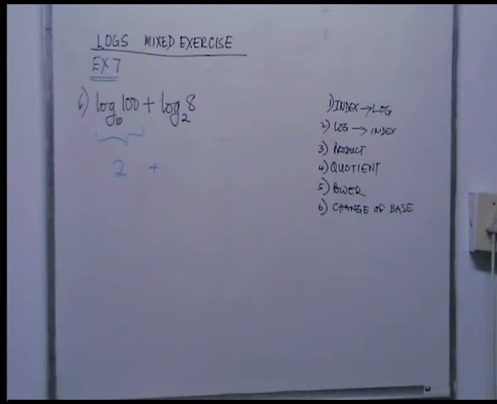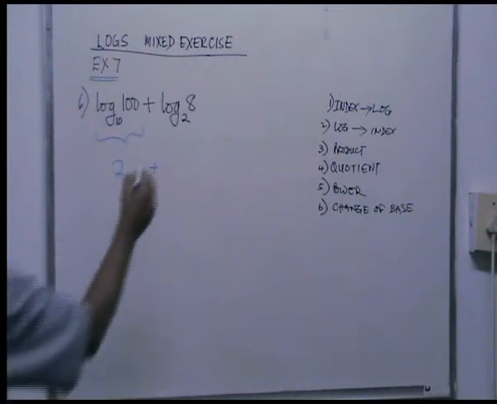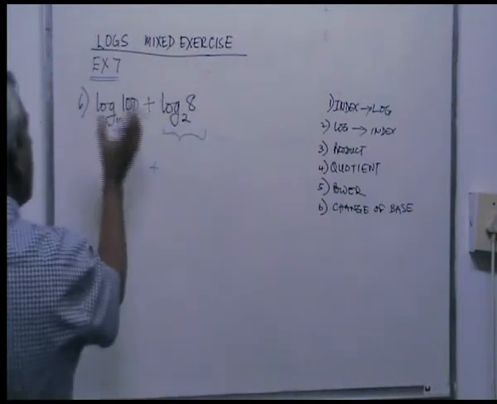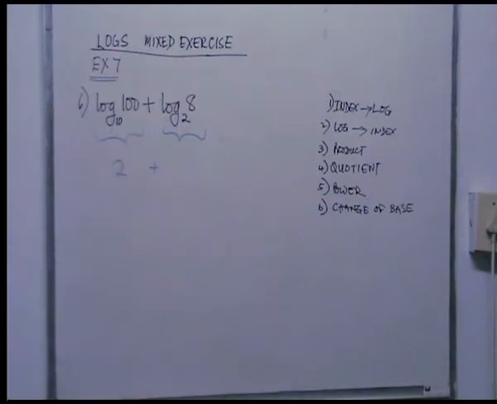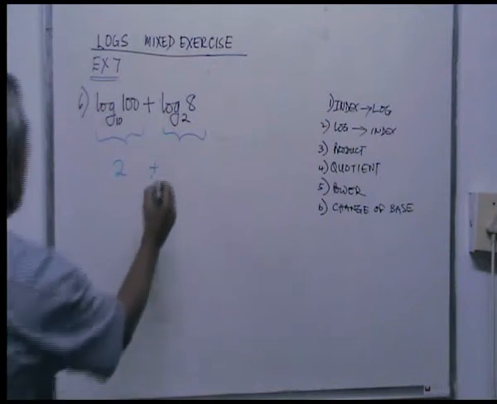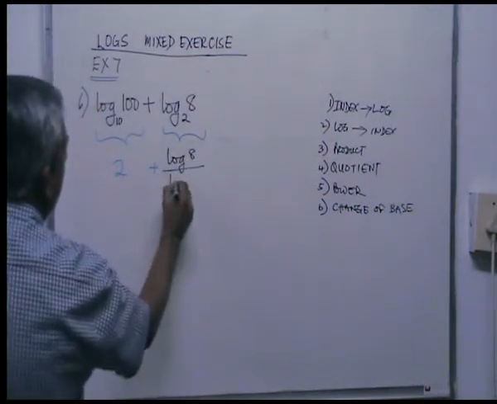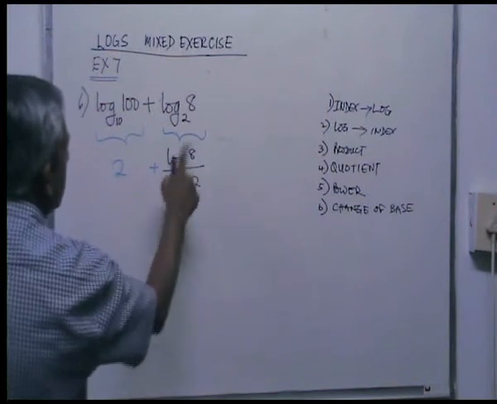Now when you look at the second part, because I couldn't use law number 3 on it, now I'm doing it part by part. On the second part, I can do change of base. So I'll get log of 8 divided by log of 2, which is change of base.